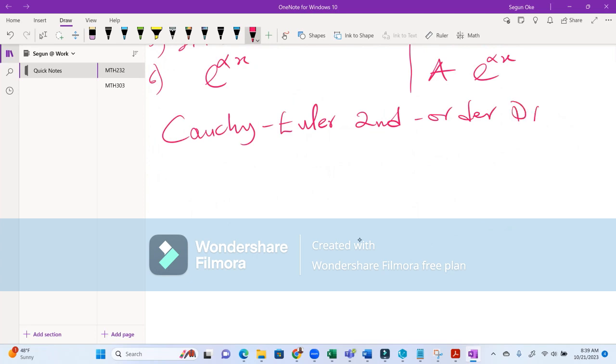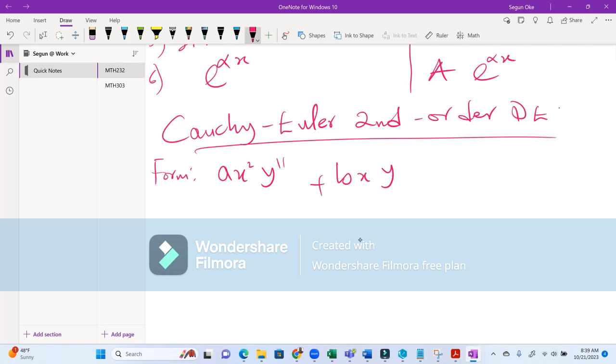The form we are considering is ax squared y double prime plus bx y prime plus c y equals g of x. We call this equation 1.